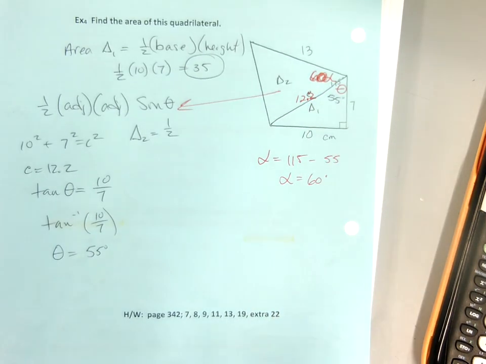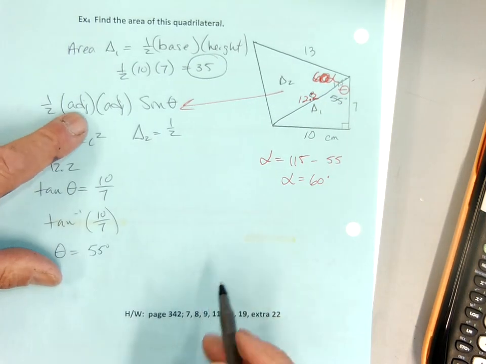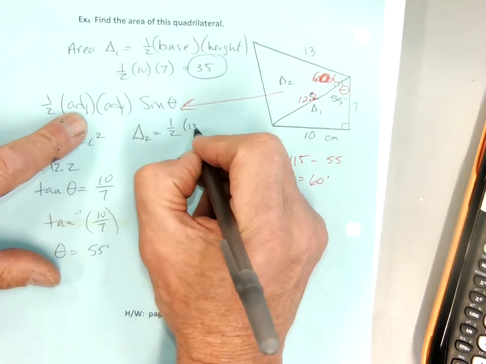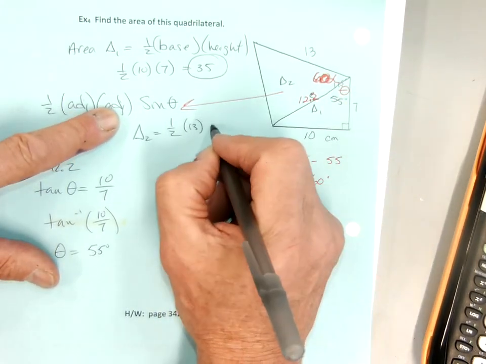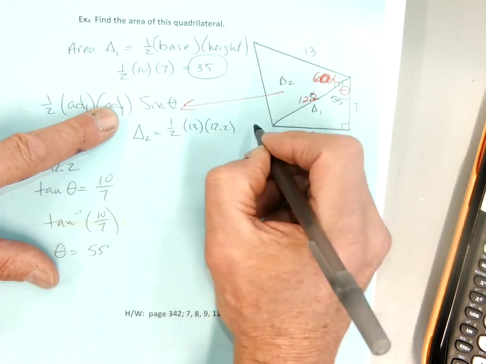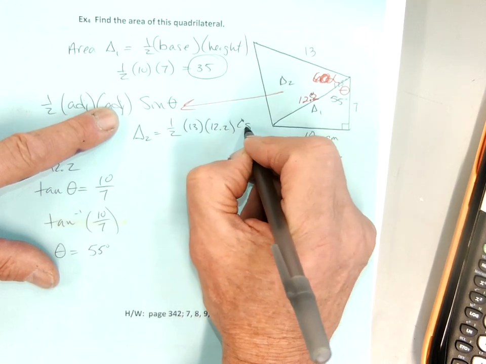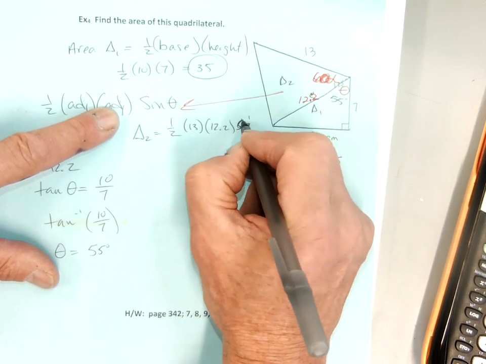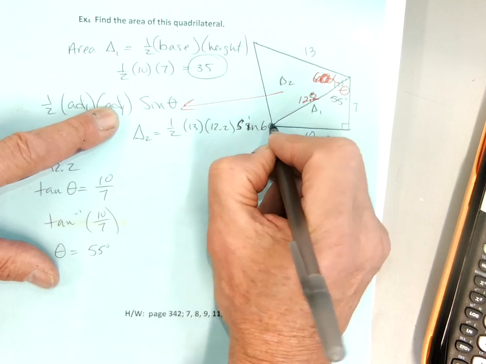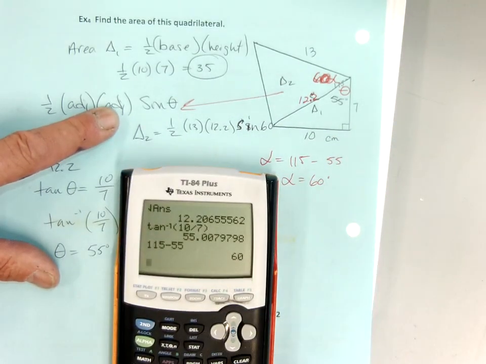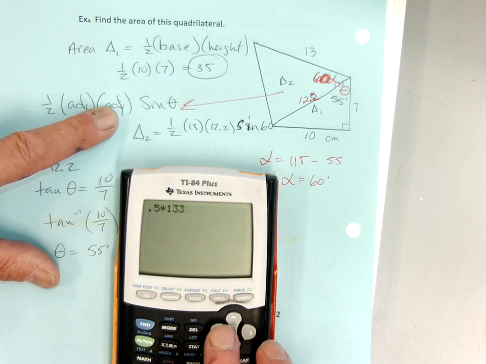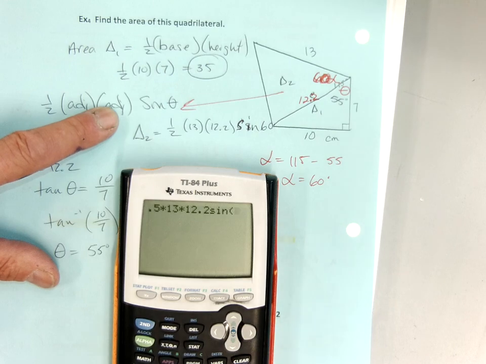So I'm going to go 1/2 times adjacent, which is 13, times my other adjacent, 12.2, times the sine of 60 degrees. 0.5 times 13, times 12.2, sine of 60, and this will give me the area of triangle 2.